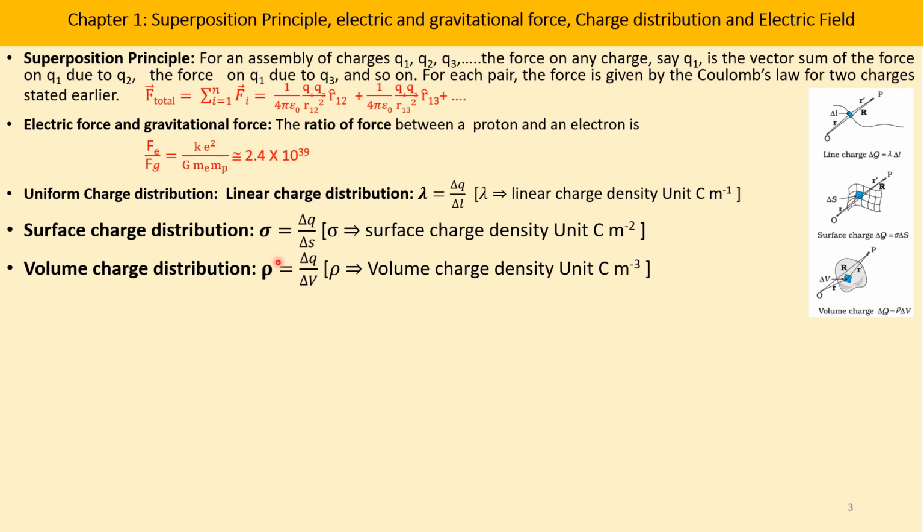Then there is yet another, the volume charge distribution. If the charge is distributed uniformly over a volume, such as a sphere or an object having a volume delta V, it is defined as rho is equal to delta Q by delta V, and rho is called the volume charge density and its unit is coulomb per meter cube.